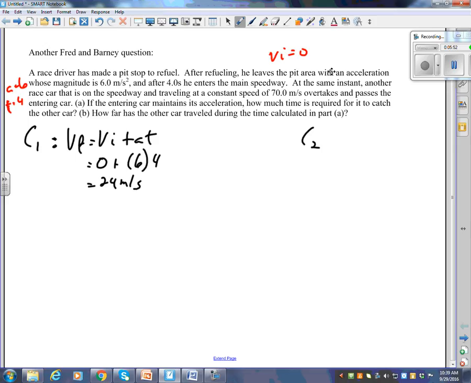So, position of car 1, C1 position, is equal to its displacement. Do I have to add any number for a head start? No, I do not. Okay, so what is its displacement? D equals VIT plus a half AT squared. Will that work? Yes?